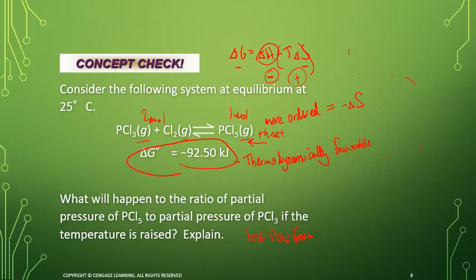So the PCl3 would increase, the PCl5 would decrease, and the ratio, again, would become less. So because I'd have less PCl5 that would form in here, again, looking specifically at the ratio of PCl5 to PCl3, that ratio would decrease.